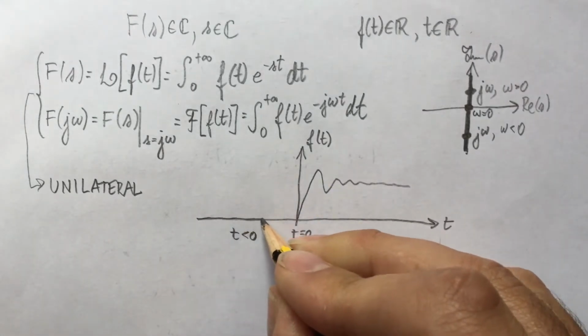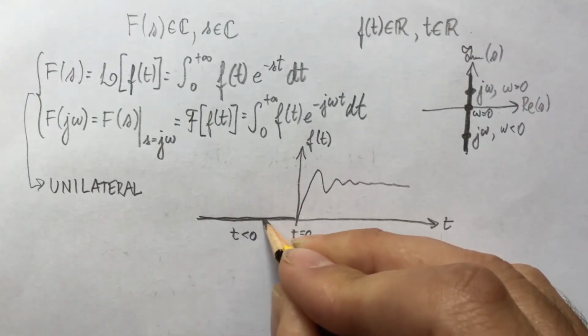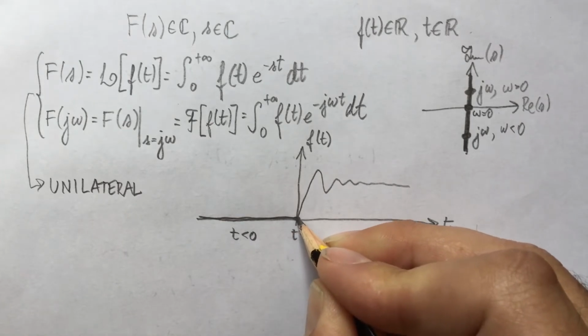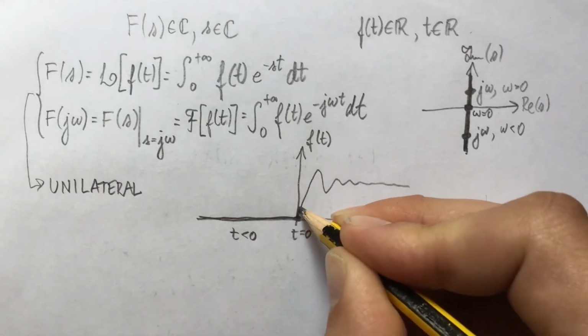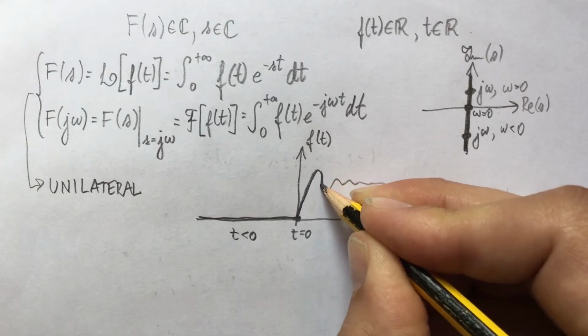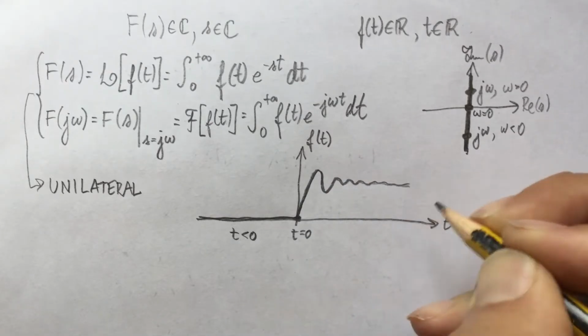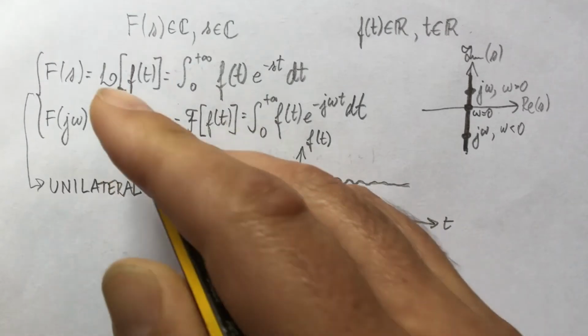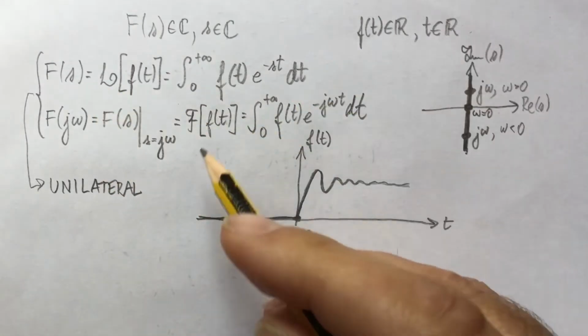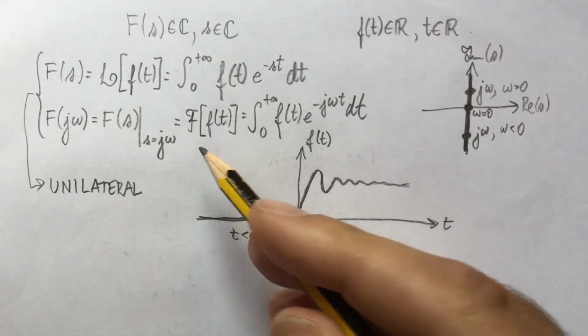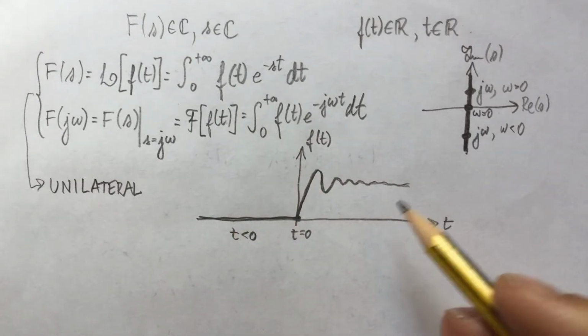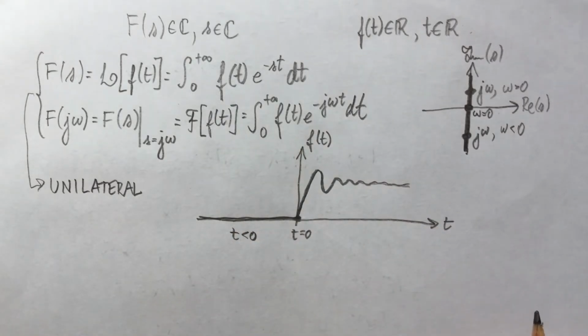Or we may simply presume that our function is equal to 0 until the signal begins at t equal to 0. That is the advantage of using the unilateral Laplace transform or the unilateral Fourier transform for the signals which we have used until now.